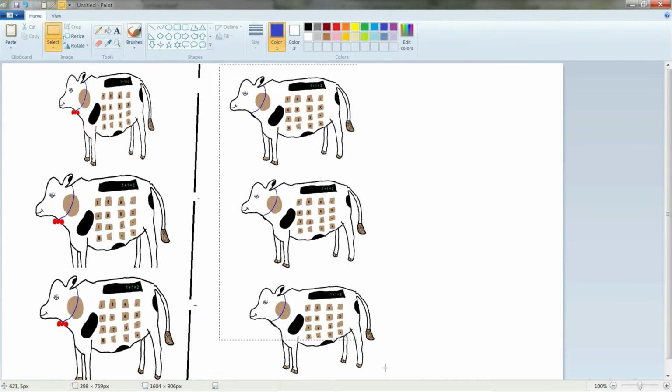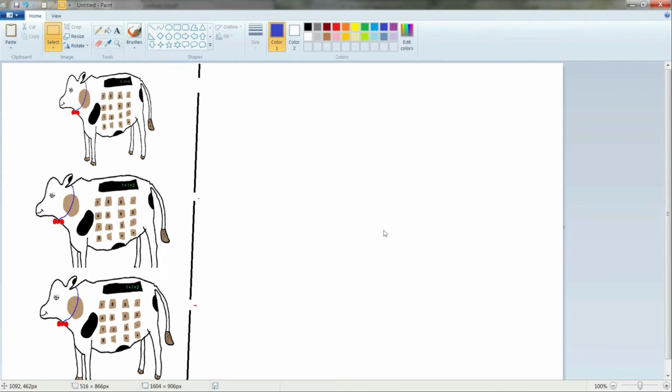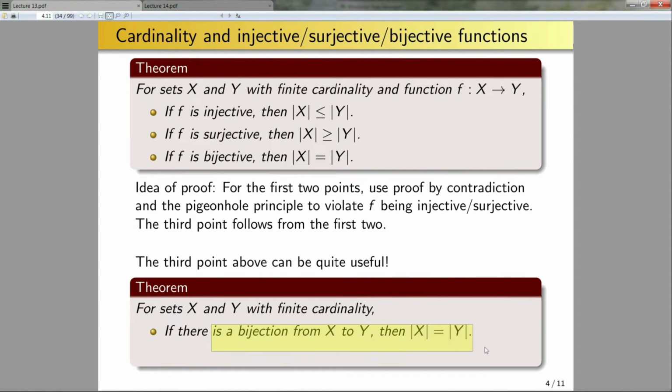Explicitly, if there is a one-to-one correspondence between the bow ties that I took off the cows and the cows, then I have the exact same number of cows that I started with. That's the idea here. If there's a bijection between two sets, then they have the same number of things. In the case of sets of finite cardinality, this is true because I can prove it.